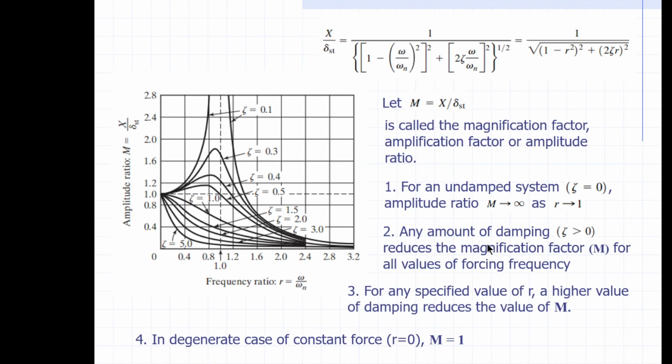Then you can plot by choosing the parameter damping ratio for different curves. So you can plot the amplitude ratio versus the frequency ratio r here.